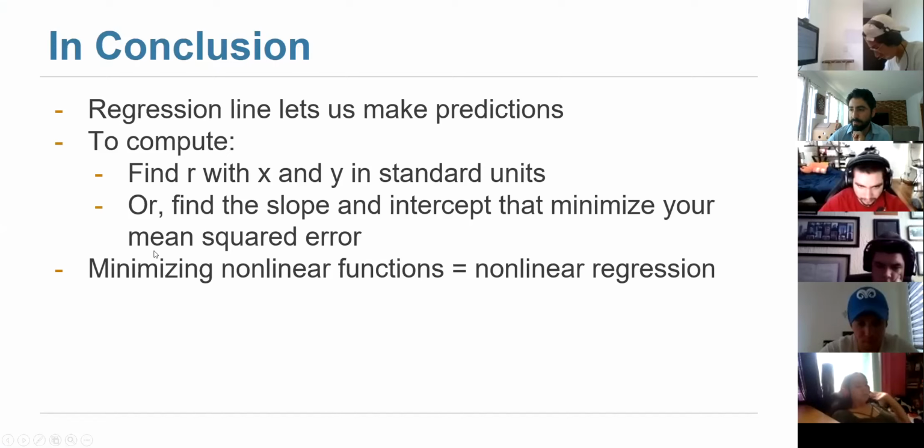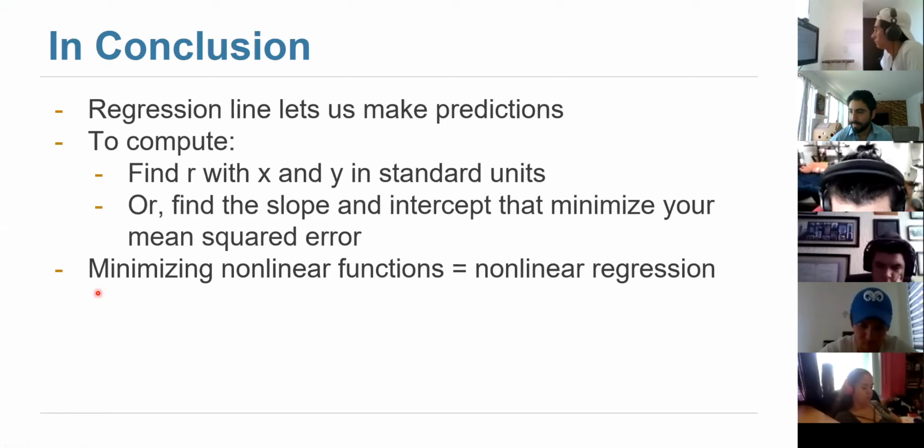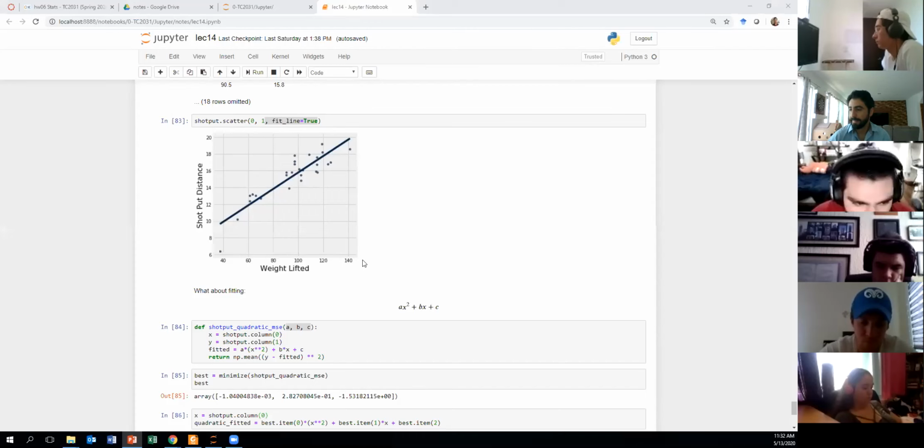So basically that nonlinear function is your nonlinear regression. So far whatever we talked about was linear regression, but minimizing the nonlinear function, the one that I showed you in the shortcut table, is basically your nonlinear regression, this one.